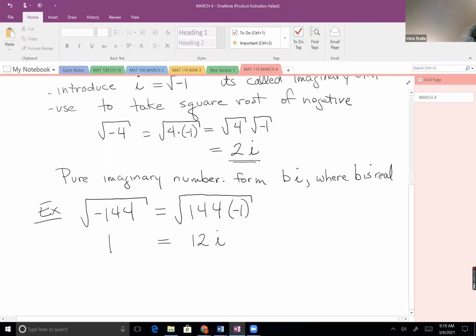So again, if a square root has a negative radicand, we need to express it in terms of i.